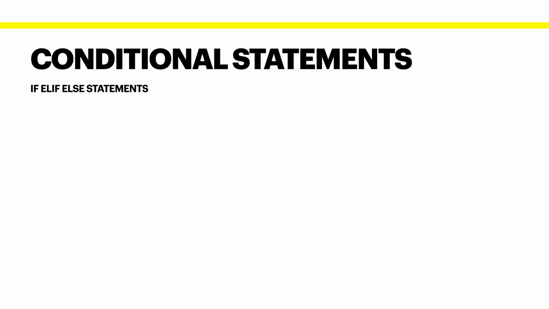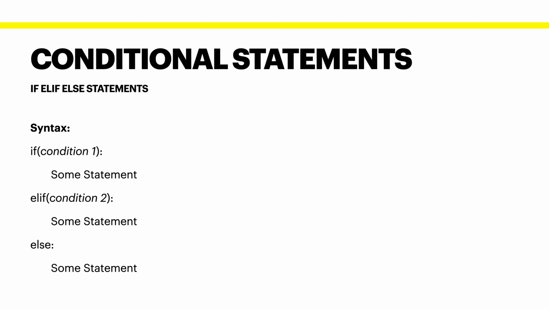And for that, we have if, elif, else statements. The syntax for the if, elif, else statements is very similar to the previous one. The only addition is the elif statement, which gives us the ability to check for one extra condition.